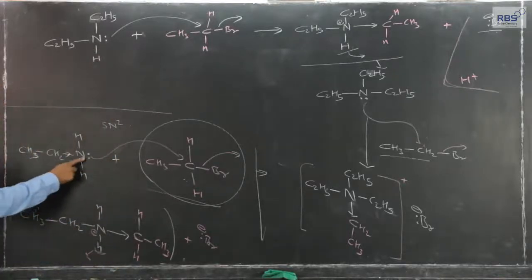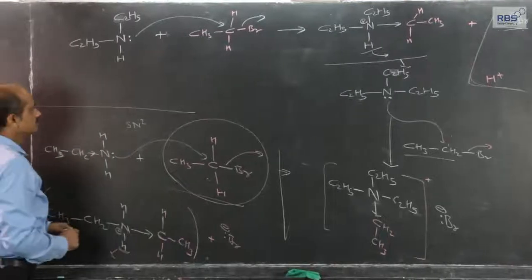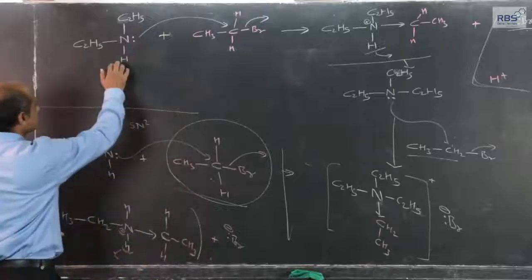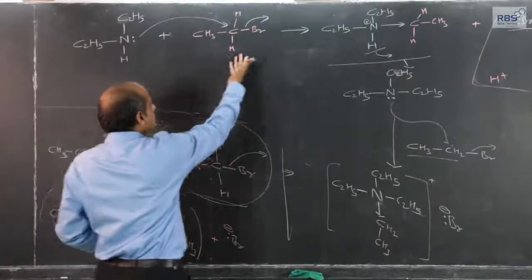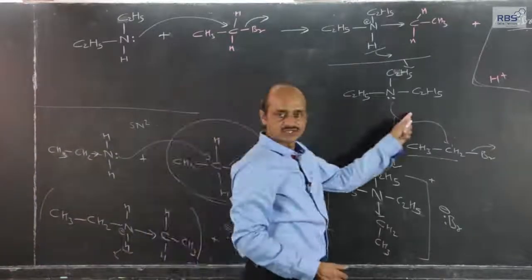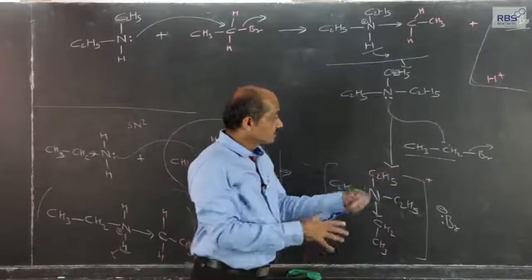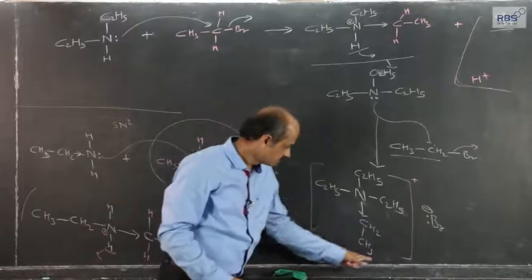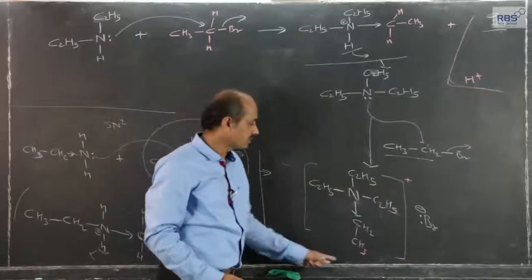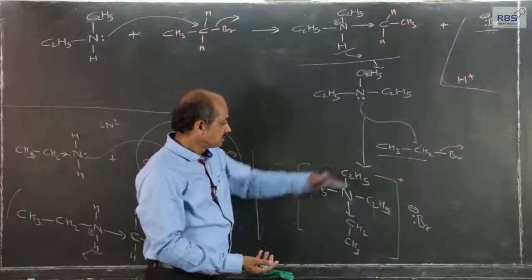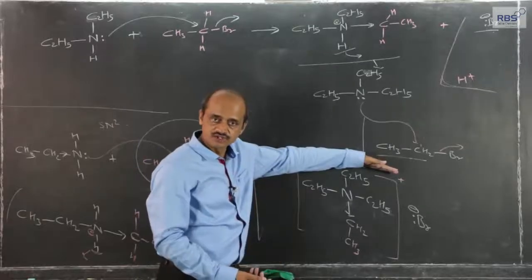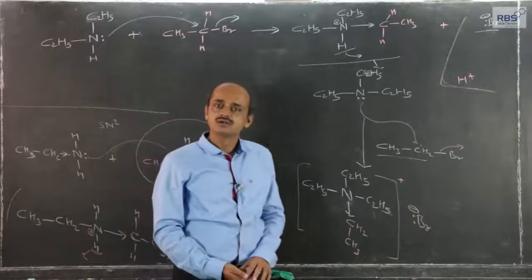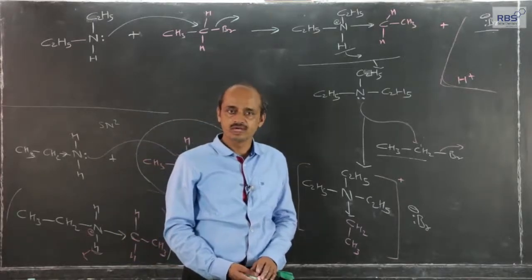Earlier it was a primary amine, the lone pair is present. So, a primary amine, if excess alkyl halide is present, develops into a secondary amine. Further alkyl halide results in a tertiary amine. Still further alkyl halide develops it into what we call a quaternary ammonium salt, but this is not an amine, that should be kept in mind. So, this is how one more SN reaction we have covered.